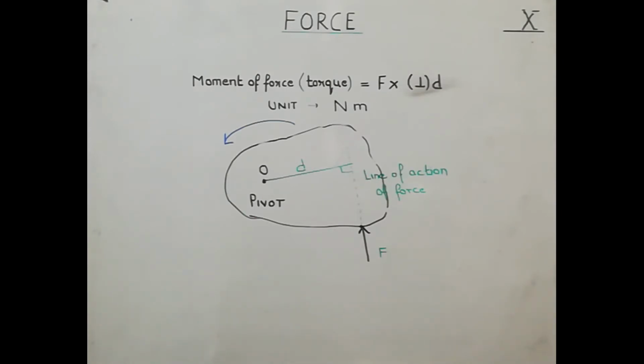And then, depending upon the direction of rotation, moment of force will be taken positive or negative. If it's anti-clockwise direction, then it will be taken positive as I have shown in the diagram, and if it is clockwise rotation, then it will be taken negative. Now let us consider a few examples.